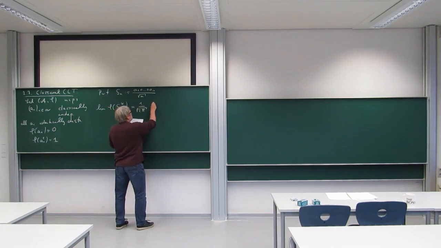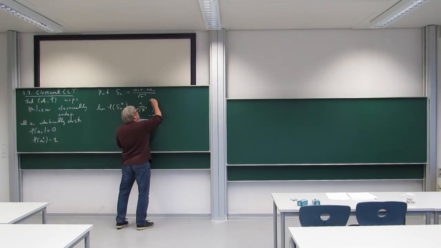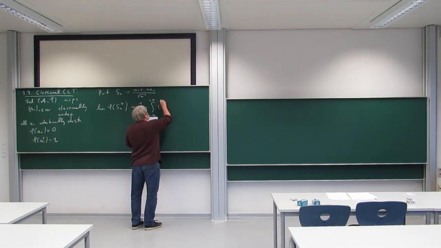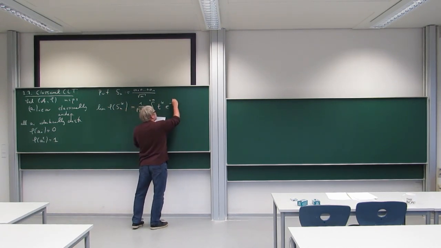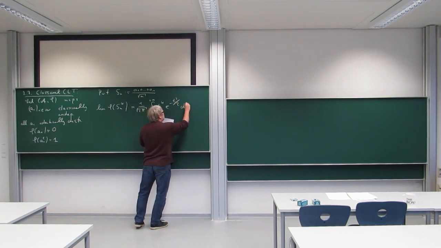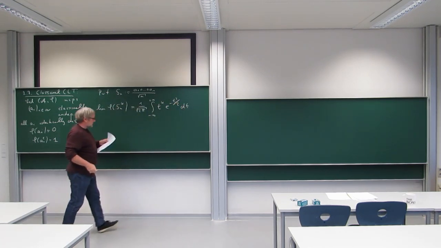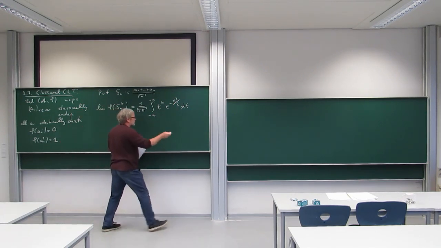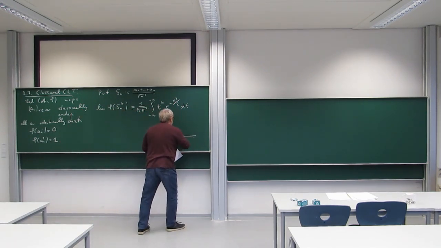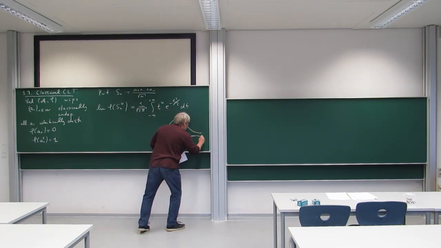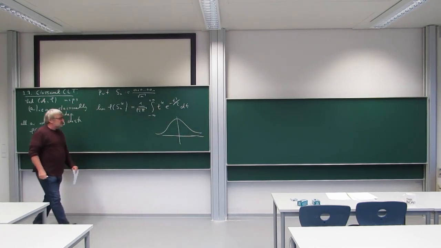It's an integral of t to the k, times the density of the normal distribution, which is a normalization times e to the minus t squared over 2 dt. It's a normal distribution of variance 1.